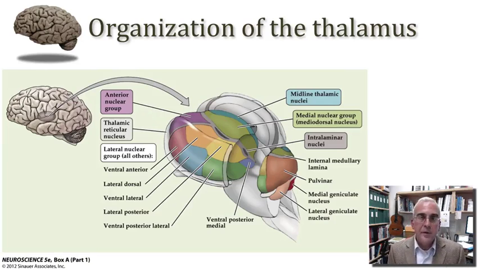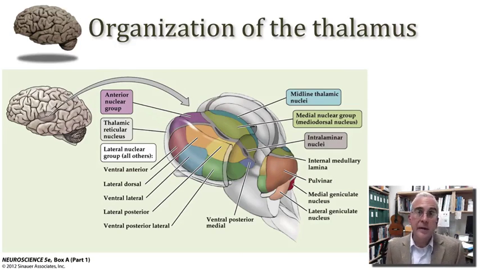So the thalamus comprises some 20 or 30, depending upon your tolerance for dividing up different parts of this structure. These 20 or 30 individual nuclei represent discrete pathways that are providing inputs to the thalamus, and then the thalamus in each of these subdivisions gives rise to outputs that are directed mainly to the cerebral cortex.